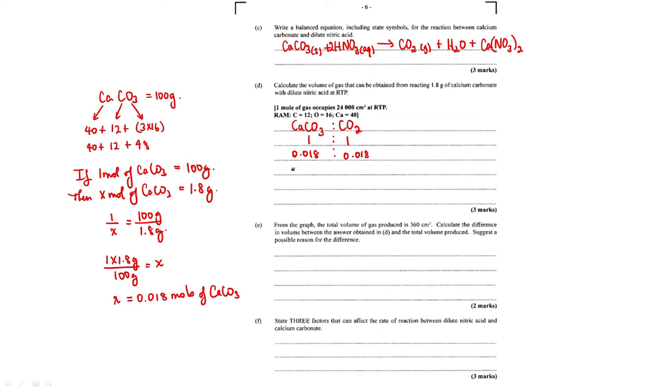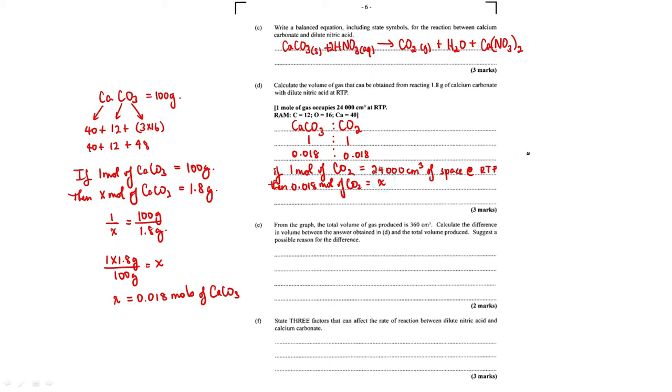So if 1 mole of carbon dioxide occupies 24,000 cubic centimeters of space at RTP, then 0.018 mole of CO2 would occupy X space.